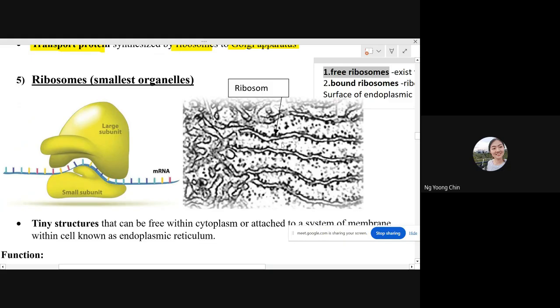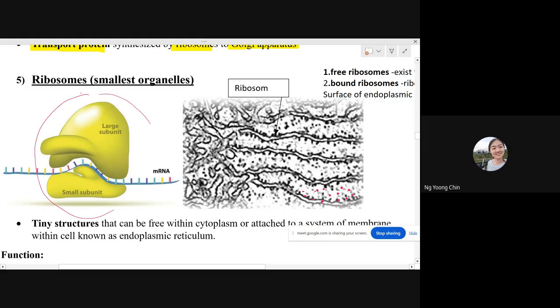When you view the ribosome under the electron microscope, you can only see a very, very small black spot like this. But if you enlarge the black spot, you can see this kind of structure. This is a ribosome.